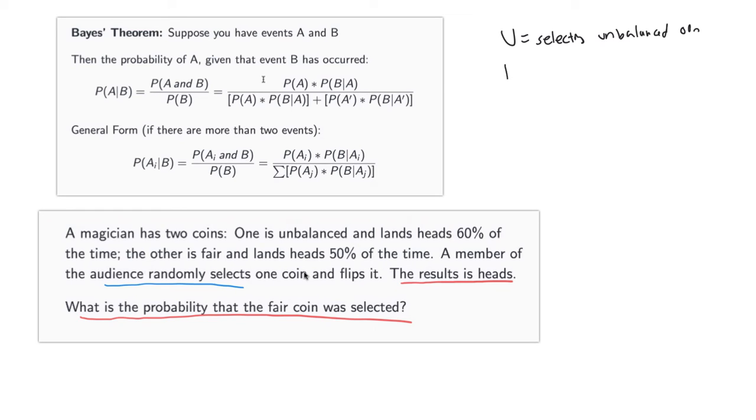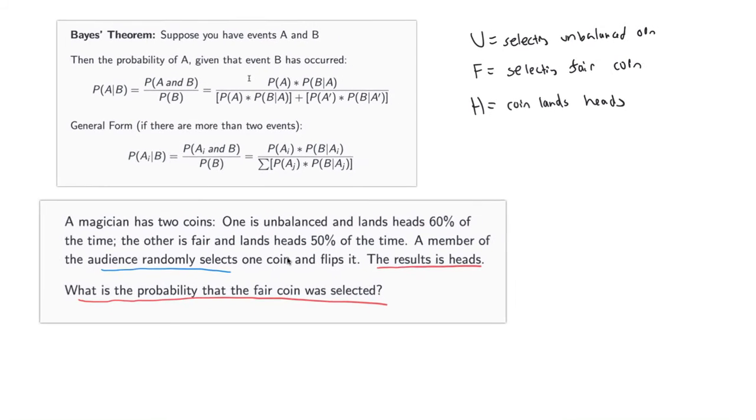Okay, we'll say F represents the act of selecting the fair coin. And we could say H represents coin lands heads. Okay, these are all events.